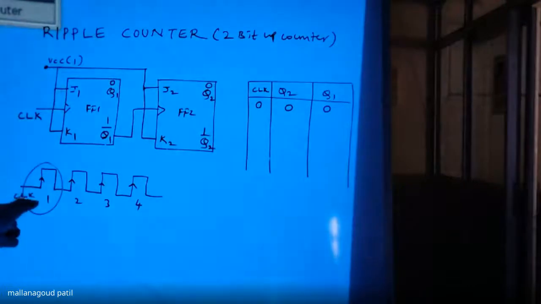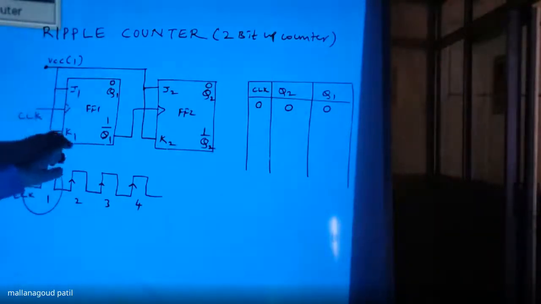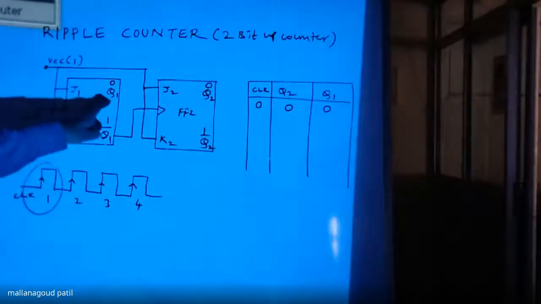When a pulse is applied to the clock, the first flip-flop triggers. When the first flip-flop triggers, J1 and K1 are set to 1, so it toggles. It toggles means, what was Q1?